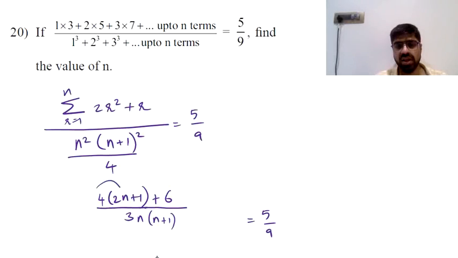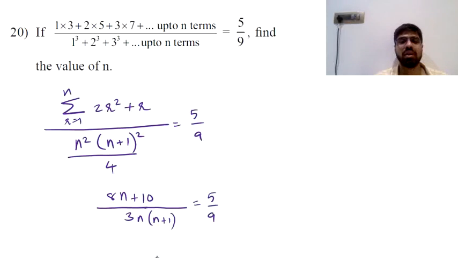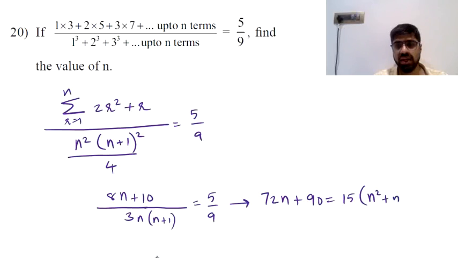So this is going to be 8n plus 4, and 4 and 6 is going to make it 10. The value for this is equal to 5 upon 9. Yeah, so let's try to simplify this. Take that 9 on the left, you have 72n plus 90 equal to the entire thing going on the right, so that will be 15 into (n square plus n), so 15n square plus 15n.